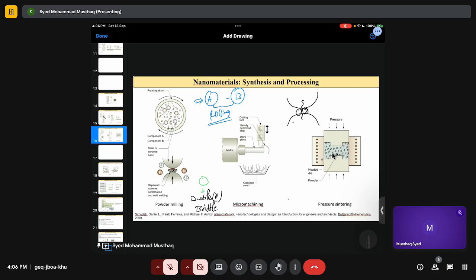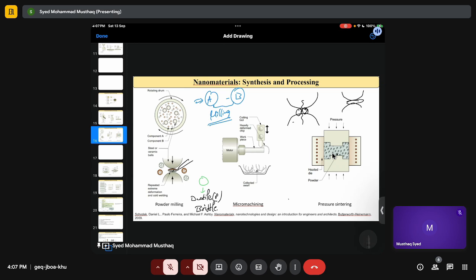There is this breaking. And if you have a ductile particle, it will just simply deform. It will not break, it will deform, just like here. See? It is just getting deformed, it is not breaking. So it will take lots of time to do the milling.